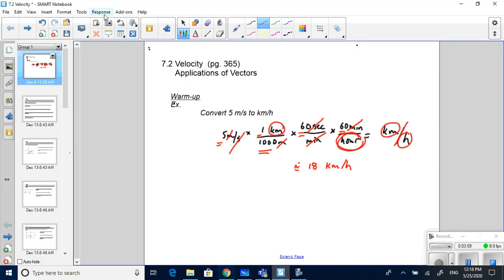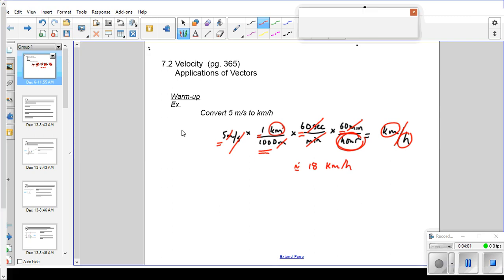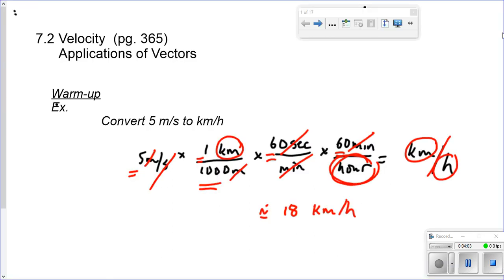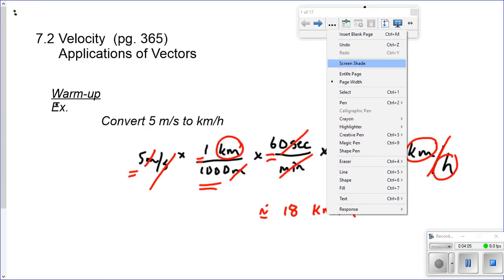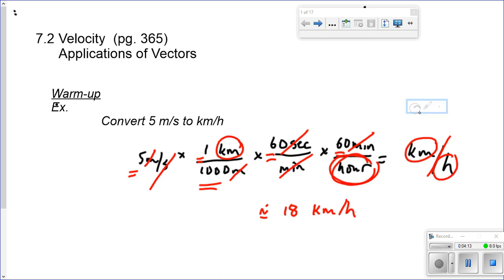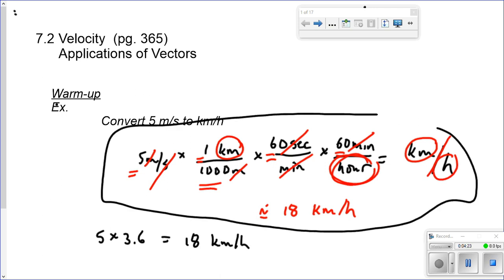Or you can understand, as I did here, that there's a reason why that ratio works. That helps too as well.